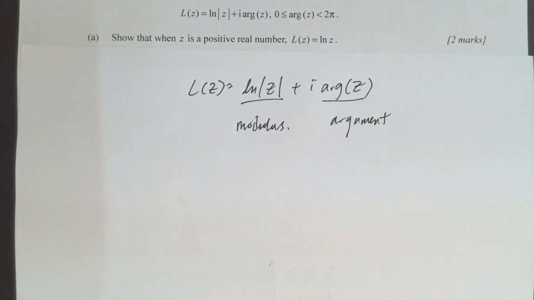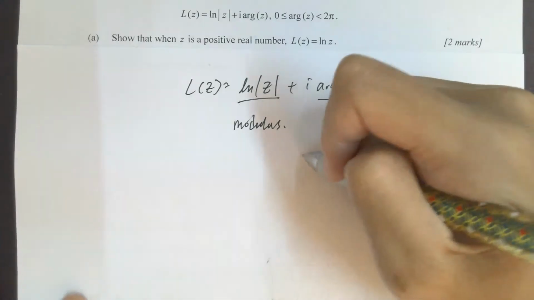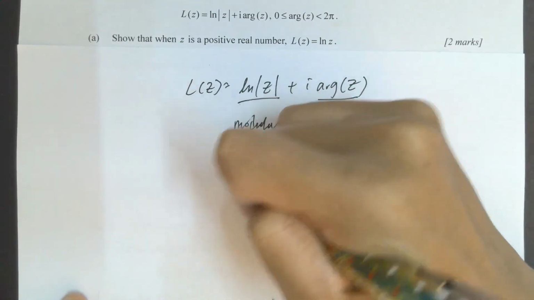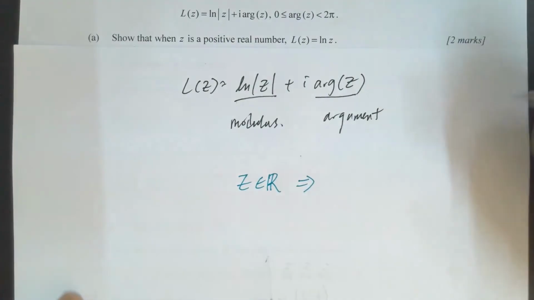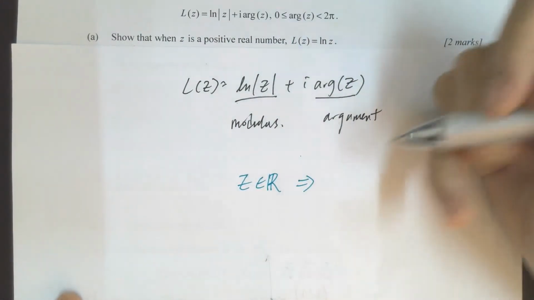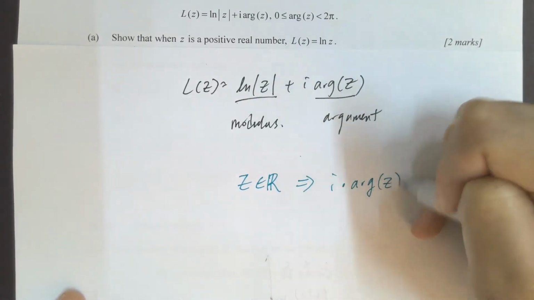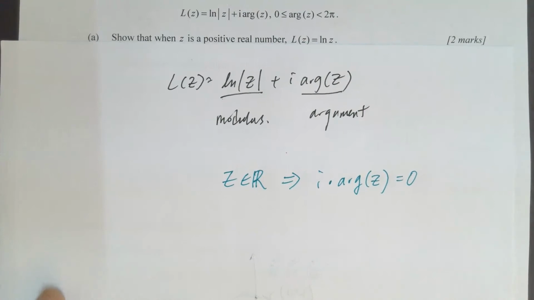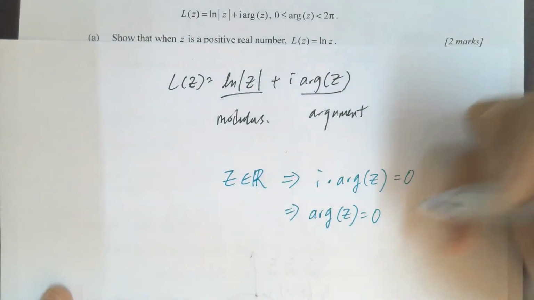Basically, when z is a positive real number, it just means that it only has the real part, and it doesn't have any imaginary part. So z is real implies that i times the argument of z must be 0. It doesn't have any imaginary part, which is to say the argument of z is 0. Agreed?